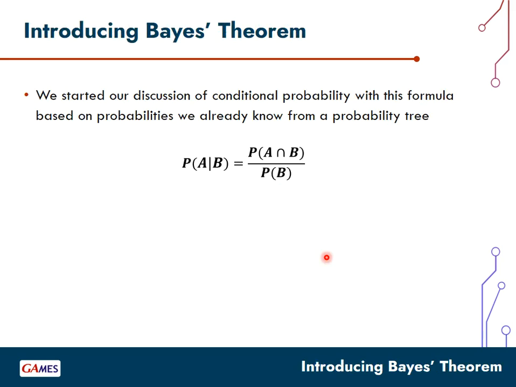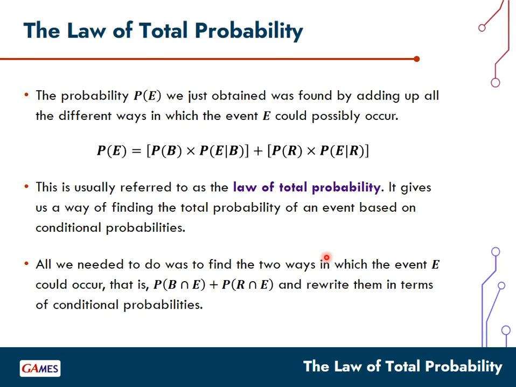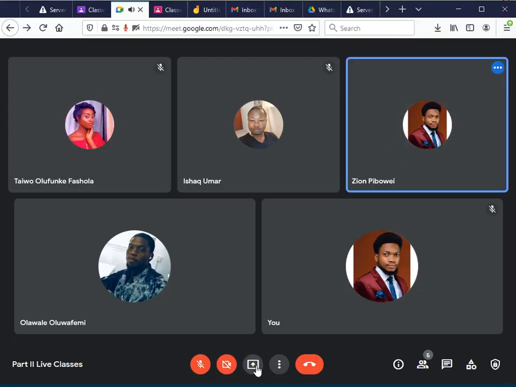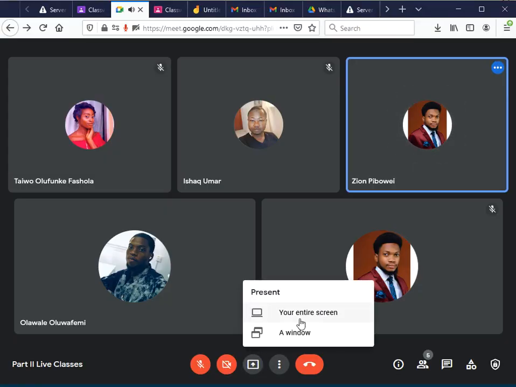And in Bayes theorem, Zion, come okay, to if I free go now. To Bayes theorem, sorry, is that what? I didn't get that. Oh, so sorry about that. I didn't know I was not presenting because I was just on the PowerPoint.